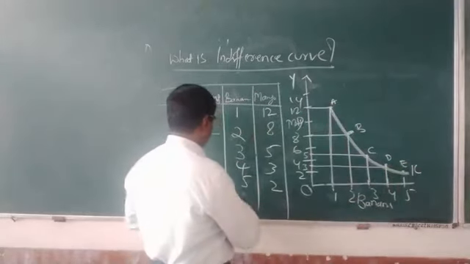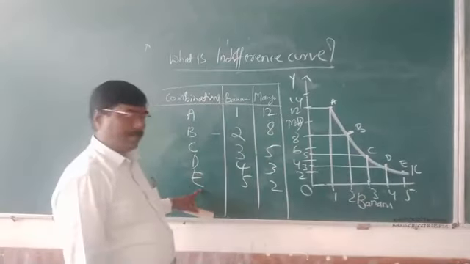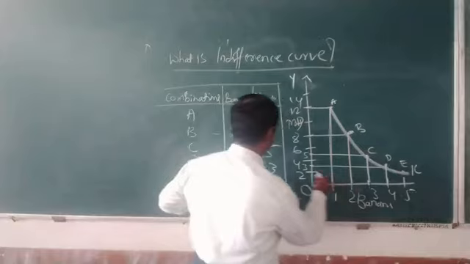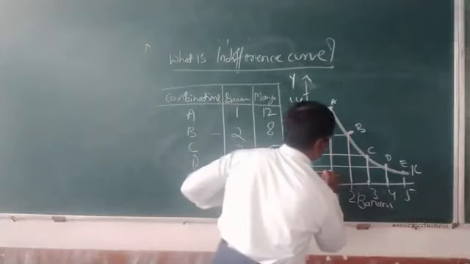And next we have E combination: 5 bananas and 2 mangoes.